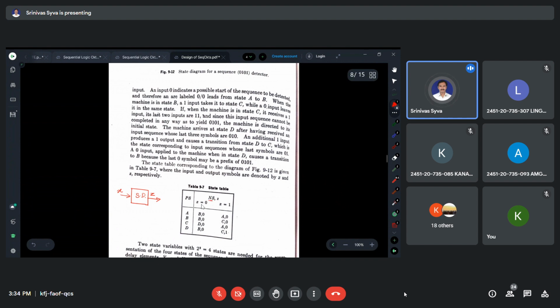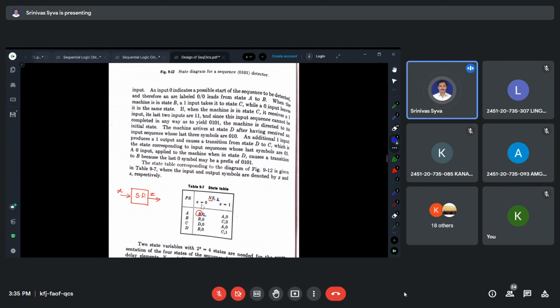See here, next state and output. This is next state B, and output is Z. Z means here 0. I will indicate the output with blue. See, this is our output Z. So Z is 0 here.